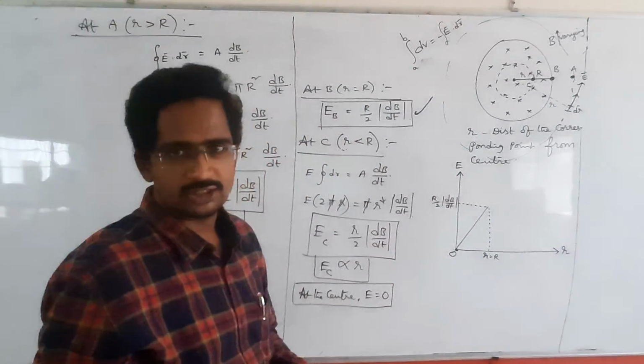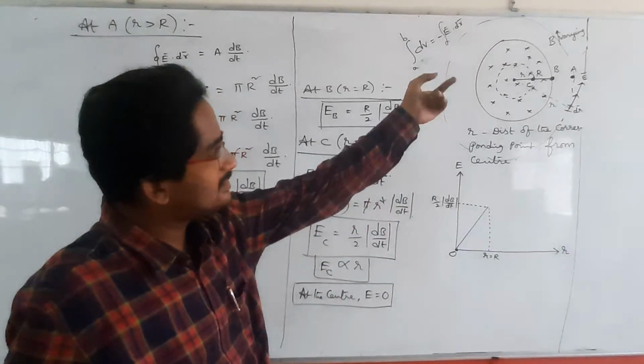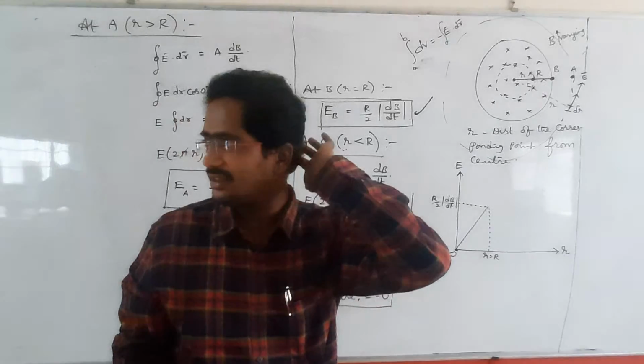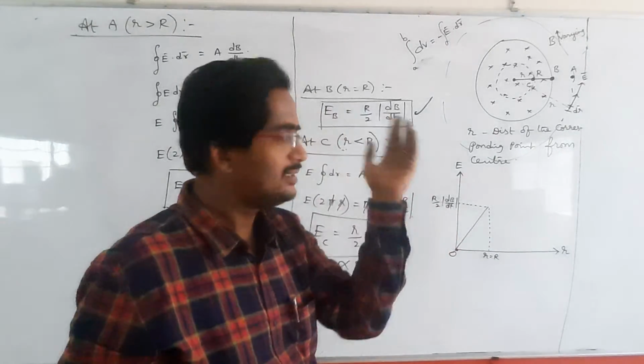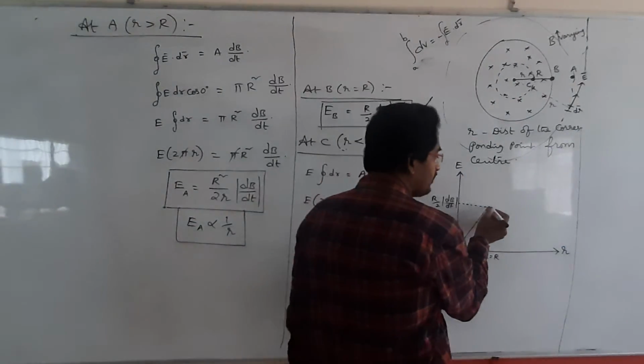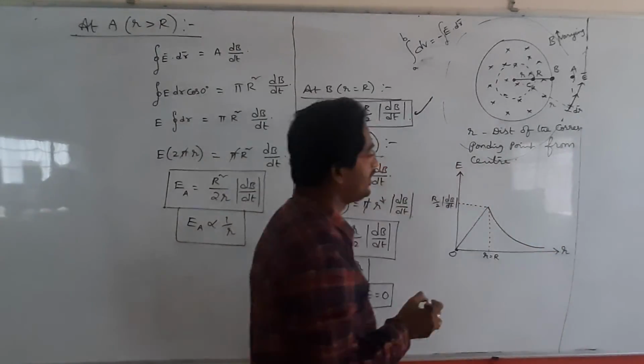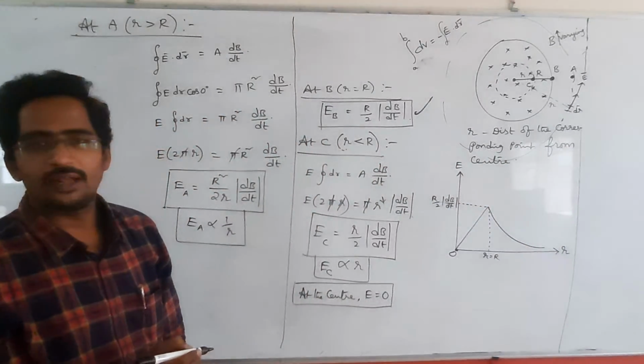And outside the edge of the field, how is the field related with the distance? Inversely, such that the curve you are getting is a rectangular hyperbola. Rectangular hyperbola.